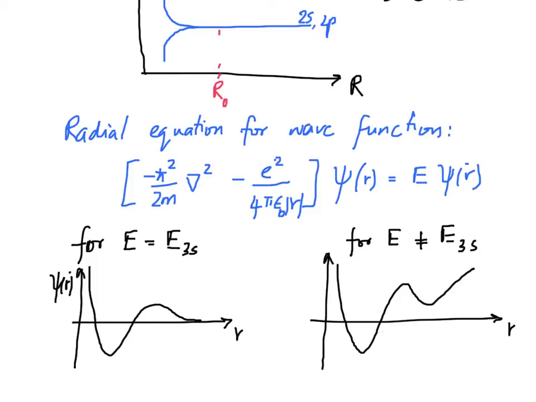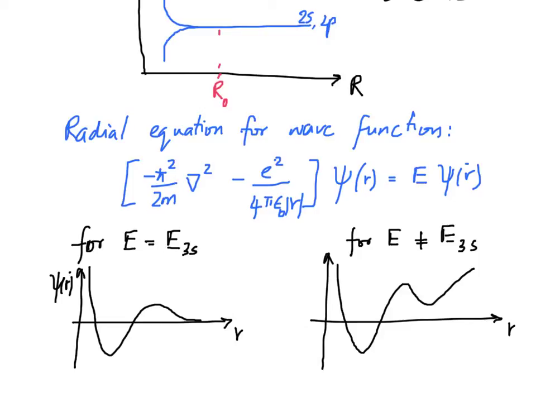For this case over here, you see there are two values of r for which the wave function is not 0, but the slope of the wave function is 0. So as r goes to infinity, of course the wave function diverges, but there are two important values of r for which the slope of the wave function is equal to 0.